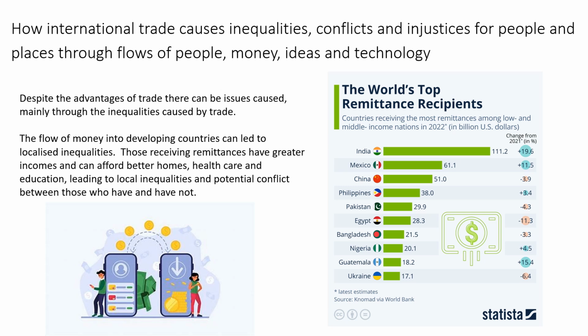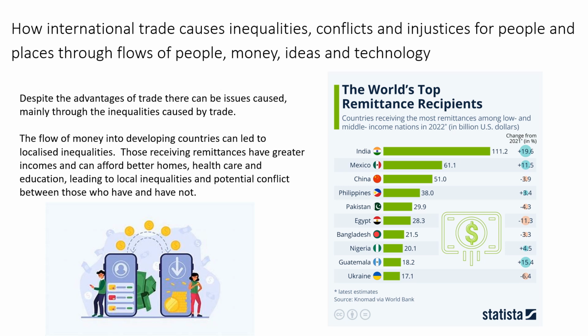Or are there problems? Does that international trade cause inequalities and cause issues? If you have a family member who's migrated to an advanced country and is sending you money, that's great for you, but what about the person next door who doesn't? Does that cause inequality in access to healthcare or education between those who have and those who have not?